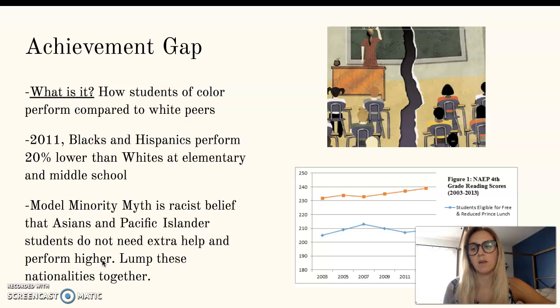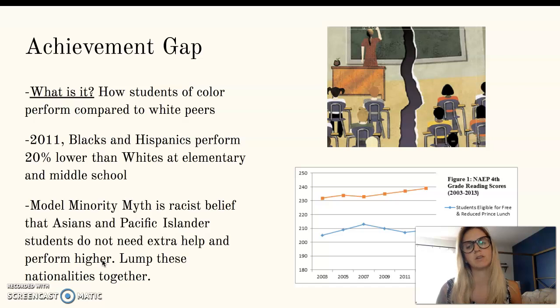And then thinking about other minorities, the model minority myth, the belief that Asian and Pacific Islander students do not need extra help. So kind of the opposite effect, when teachers, schools, or districts see Asian and Pacific Islander students as performing higher and not needing as much support.